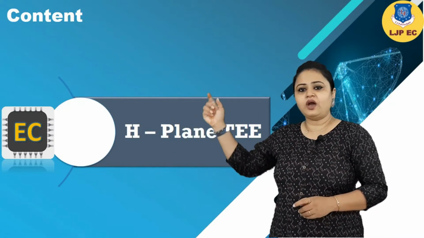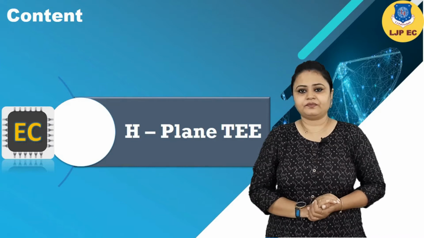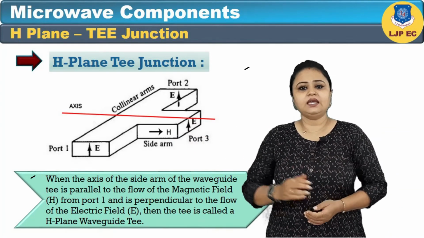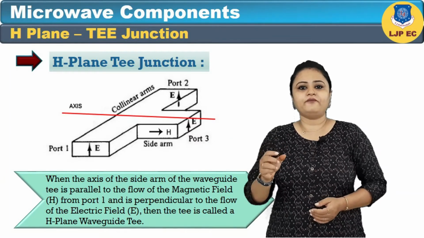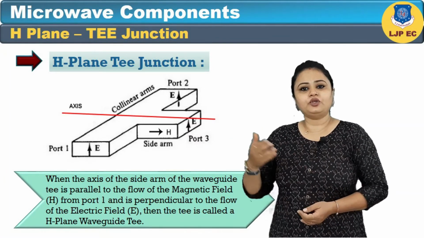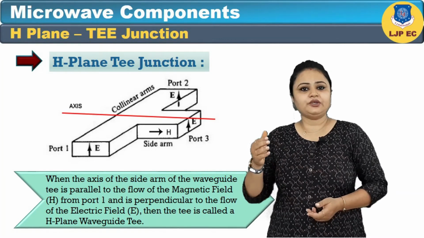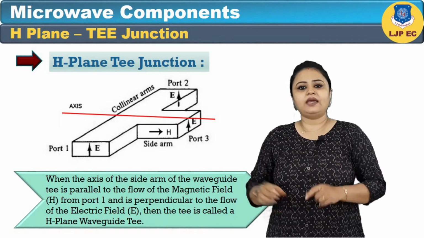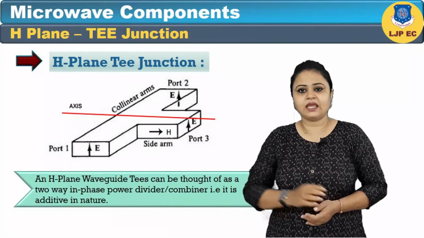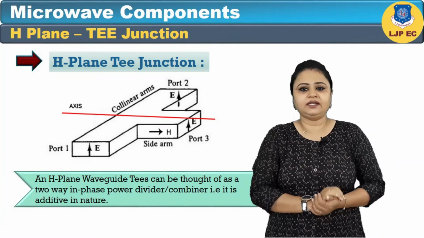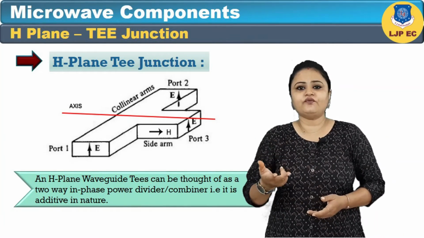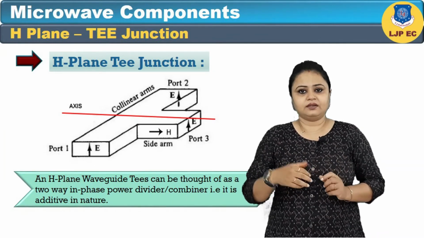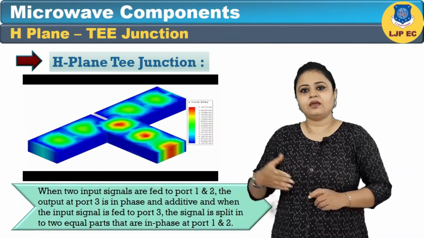Now let us move on to H-plane T. When the axis of the side arms of the waveguide T is parallel to the flow of magnetic field from port 1 and is perpendicular to the flow of electric field, then the T is called an H-plane waveguide T. H-plane waveguide T can be thought of as a 2-way in-phase power divider or combiner, that is additive in nature.